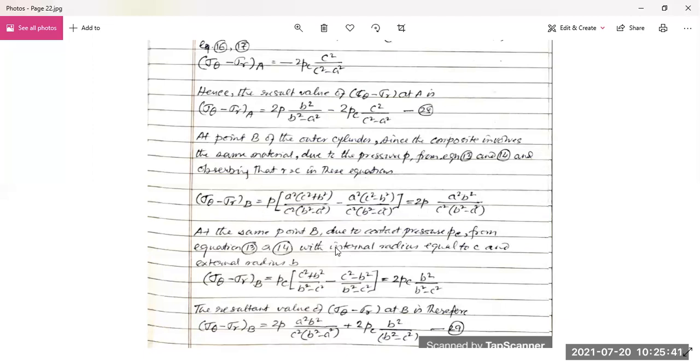Now at the same point B, we are considering the external pressure, so we are considering the external cylinder, with the contact pressure PC from 13 and 14, with internal radius equal to C and external radius equal to B. The external cylinder has internal radius equal to C, and the external pressure is equal to P. So in that case, from the same formula 13 and 14, we take this equation here. We have to put R is equal to C.